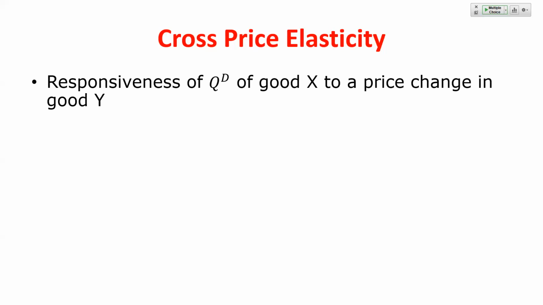If the price of some other good Y goes up, what happens to the demand for X? If Y is now relatively more expensive, I will want to buy more of X. So demand would increase.